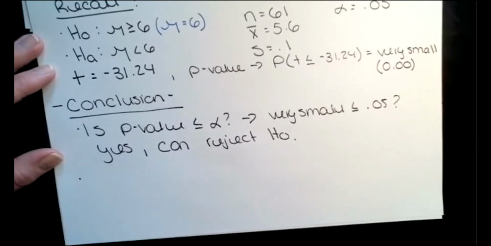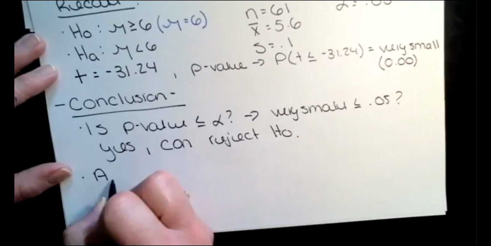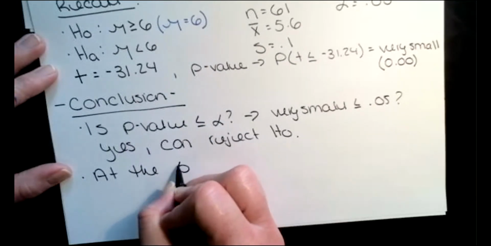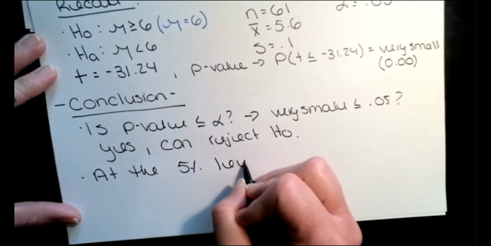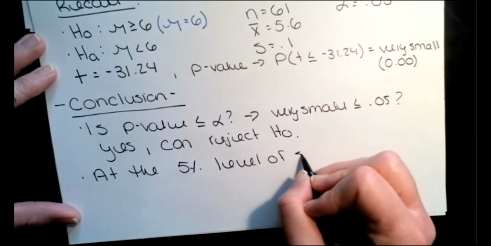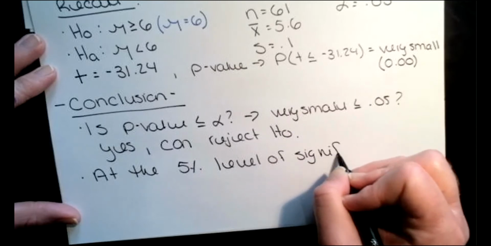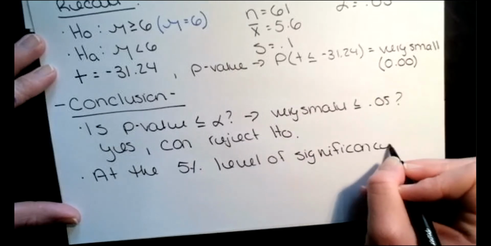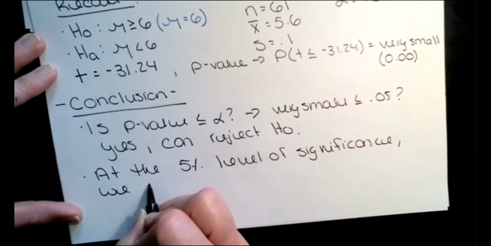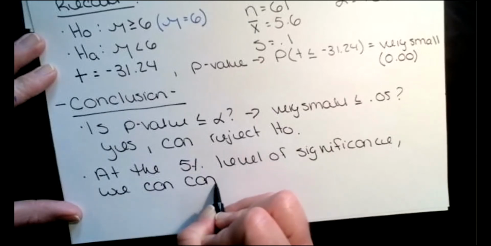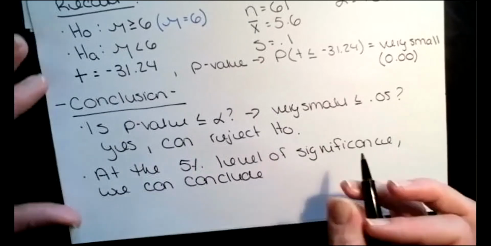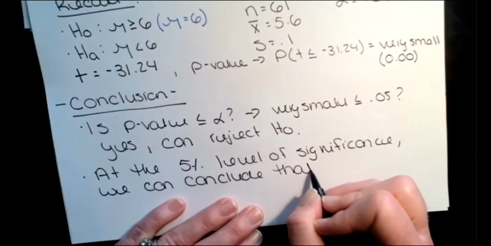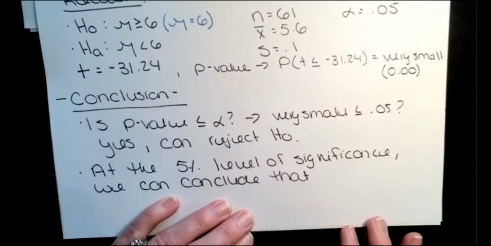Okay, so for my conclusion statement, at the 5% level of significance, we can conclude that, and now I need to write my HA in words.